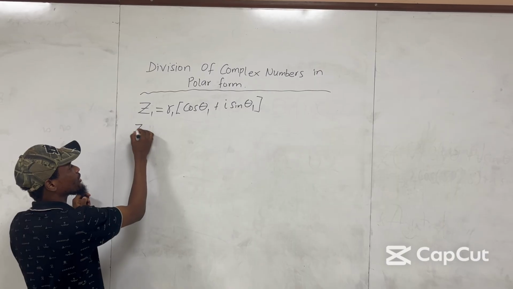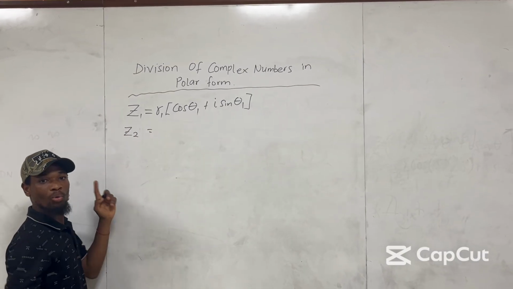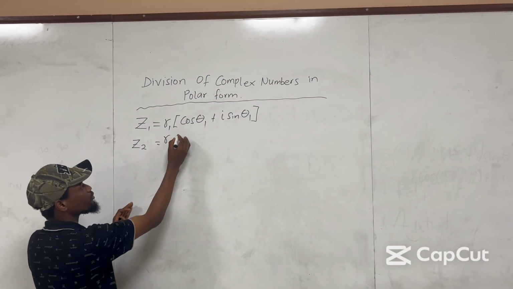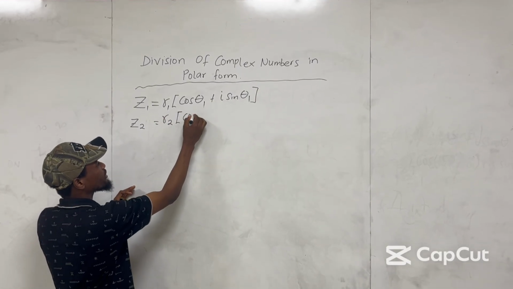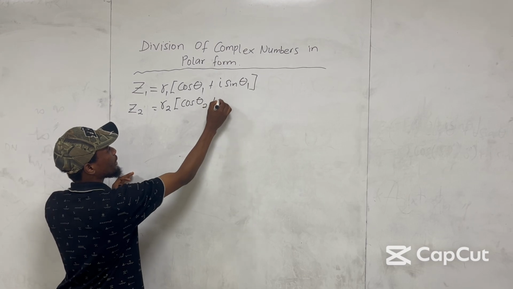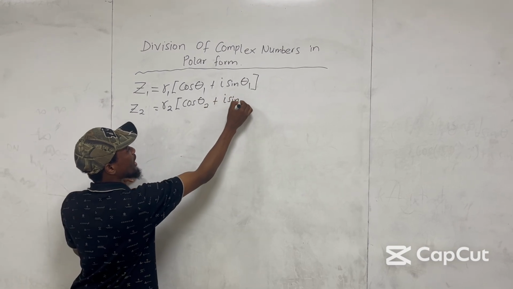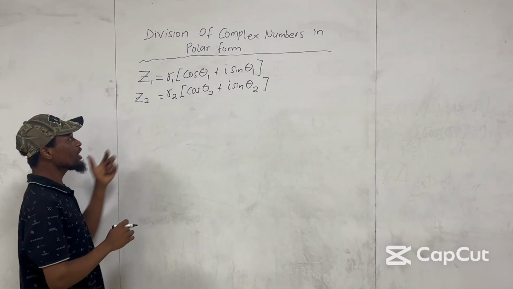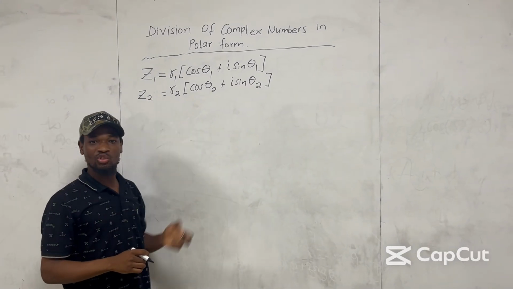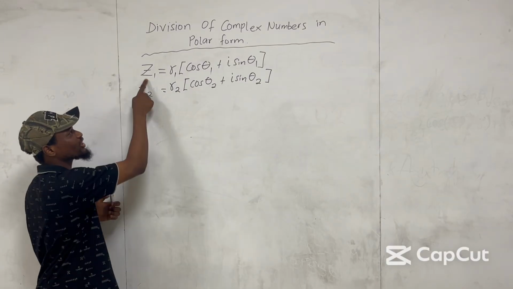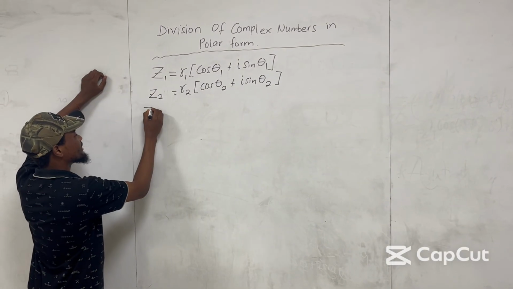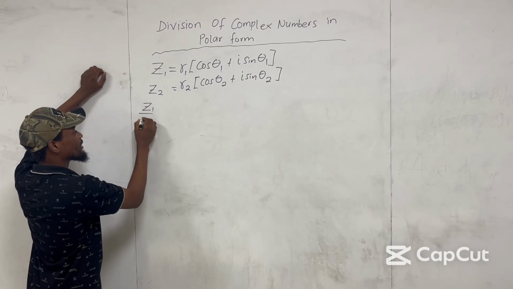So the second complex number will be z2, which is equal to r2 multiplying cos theta 2 plus i sin theta 2. If that is so, the quotient of these two complex numbers becomes z1 over z2.